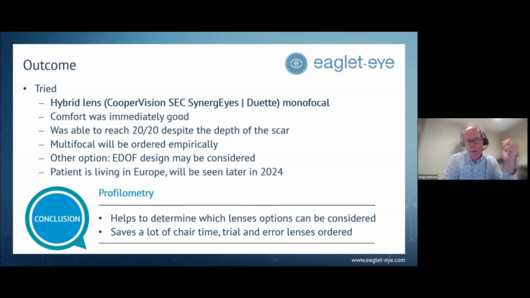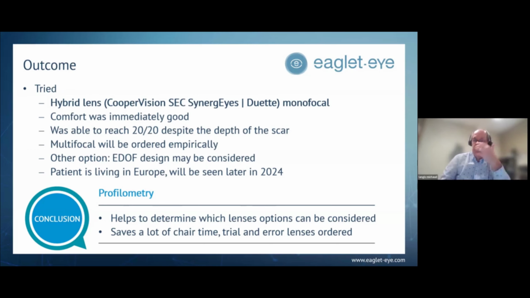We ordered a multifocal lens empirically, since that's a possibility with hybrids. Finally, we tested it and it didn't work because it penalized too much of the vision at distance. Multifocal in just one eye is a challenging thing in presbyopic patients, and here it was exactly the same. So we remain with the single vision option for that particular eye, and we complement with reading glasses when the kid has to look at the computer, read, or study.